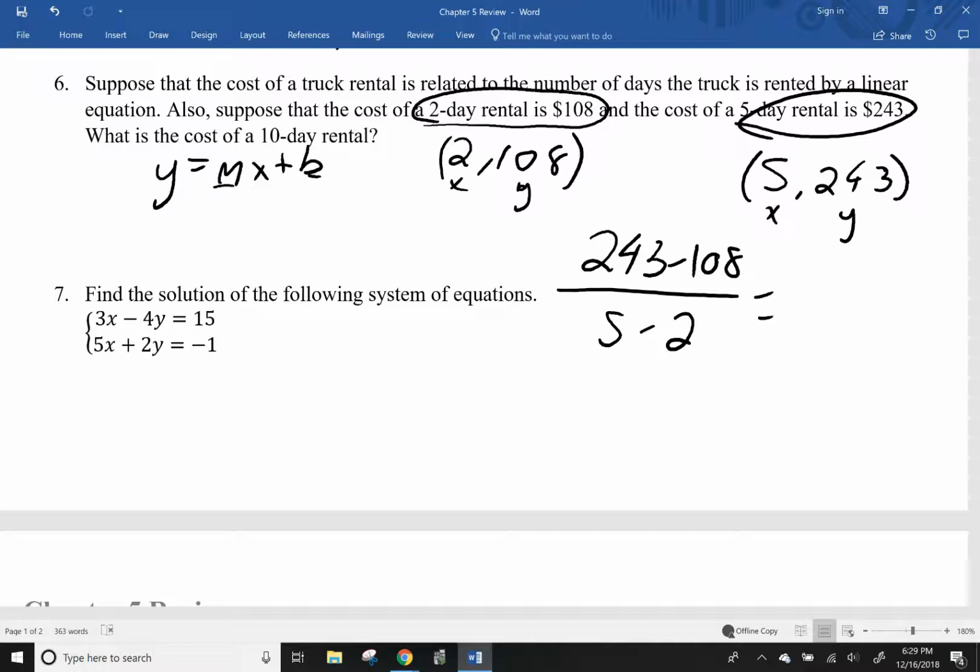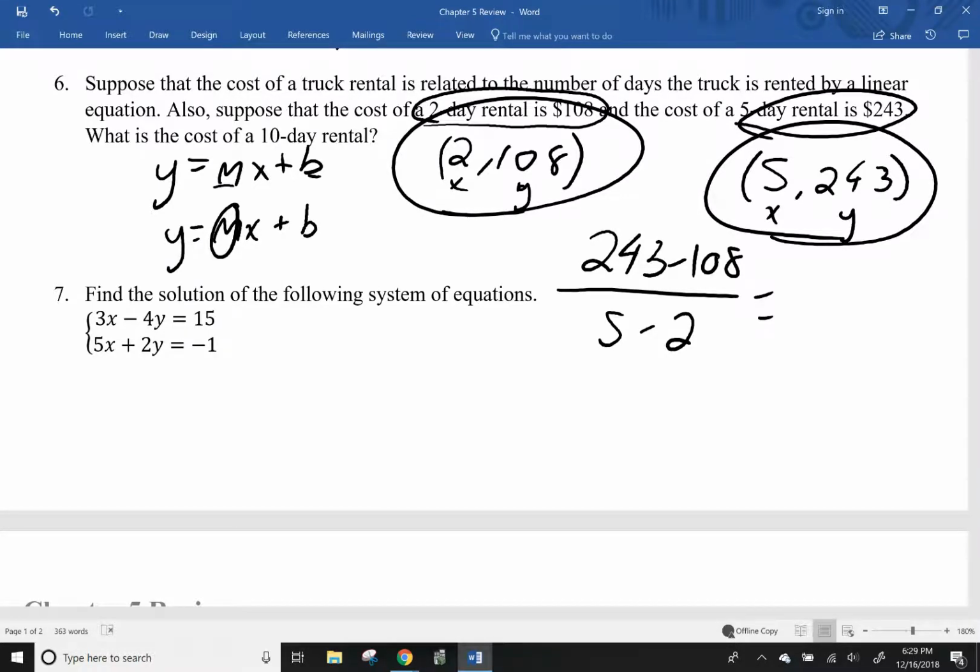Plug that number in for m, and then you can use either one of these points. It doesn't matter, but take one of them. I would probably use this one since its numbers are smaller, and plug in 2 for x and 108 for y to find your b.